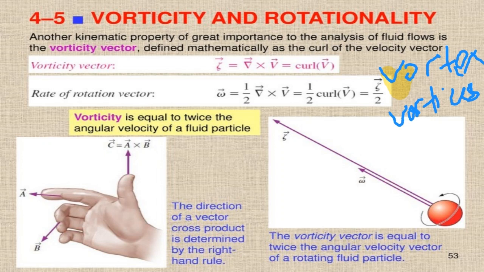The vorticity vector is given with zeta. Zeta is nothing but 2 times omega. Omega is the rotation vector, the rotational speed vector, the angular velocity vector.